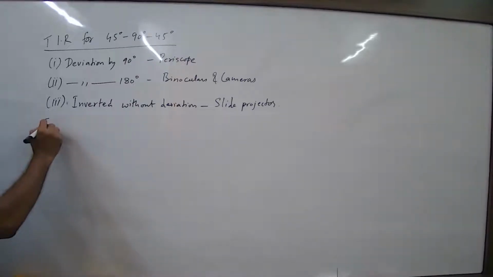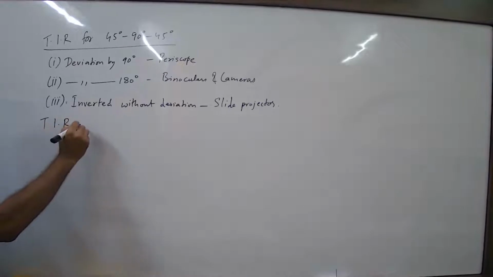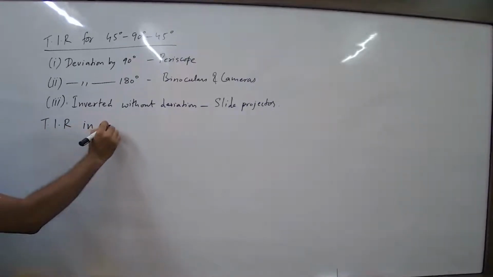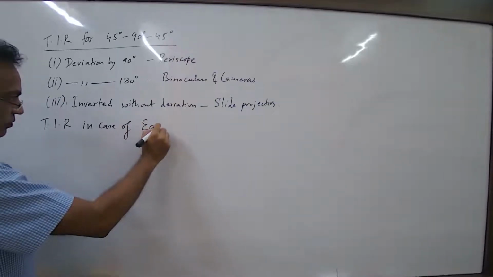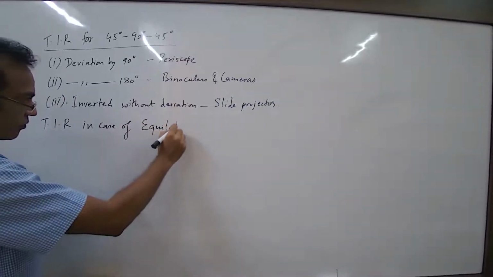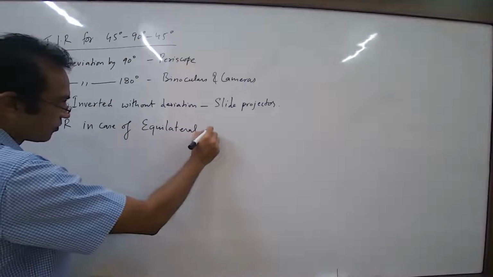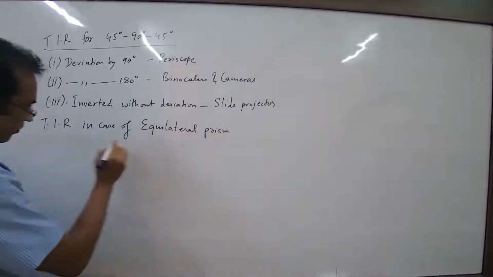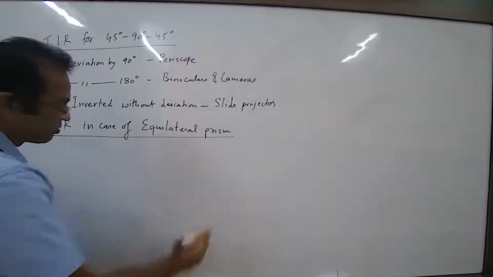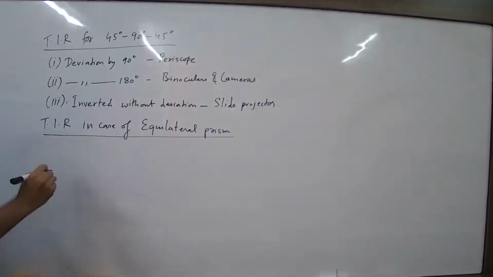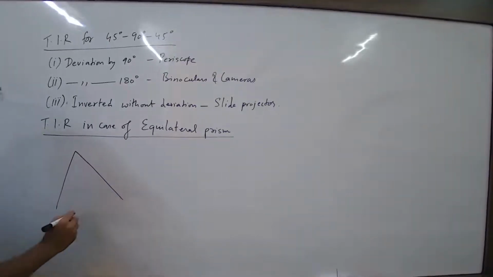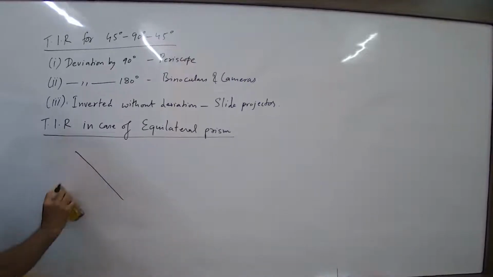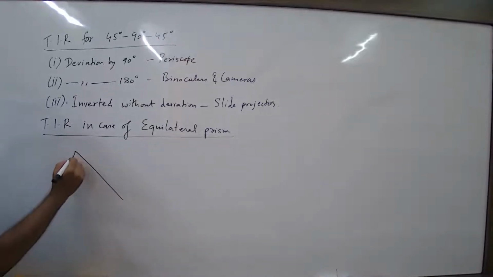So TIR in case of equilateral prism. So what is equilateral prism? All angles are 60 degrees. All the angles in the prism are 60 degrees.